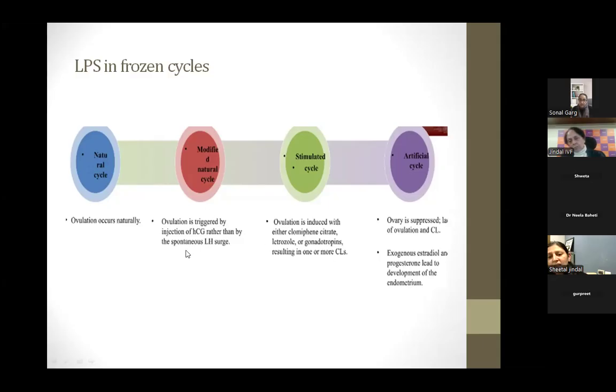Modified natural cycle is one in which we are triggering with HCG just to time the embryo transfer. And most commonly used is the artificial cycle, in which we are giving exogenous drugs in the form of estrogen and progesterone for the development of the endometrium. There is no corpus luteum, there is no ovulation, so it is totally an artificial cycle.